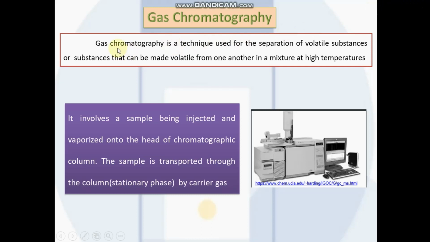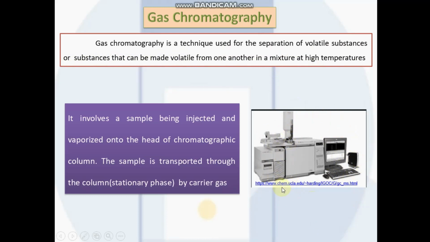So gas chromatography is a technique used for the separation of volatile substances, or substances that can be made volatile, from one another in a mixture at high temperatures. Here on the right side is a picture of a gas chromatographic unit.